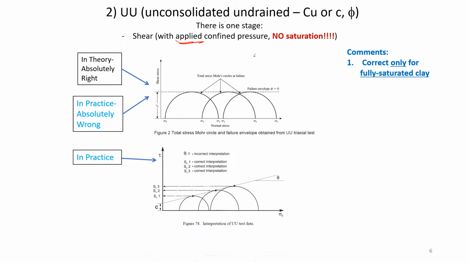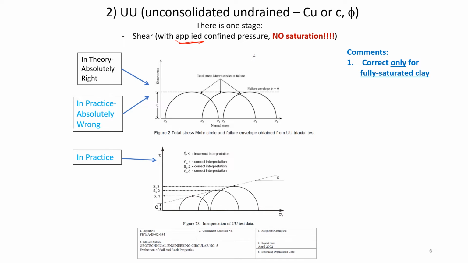And I was so happy when I found this standard from the Federal Highway Administration, FHWA report, dated 2002, like textbooks, very good. These guys knew very well: you don't get the same diameter circles. What you get is, if you apply higher confining pressure, you generally get higher undrained shear strength. And the reason why is very simple.